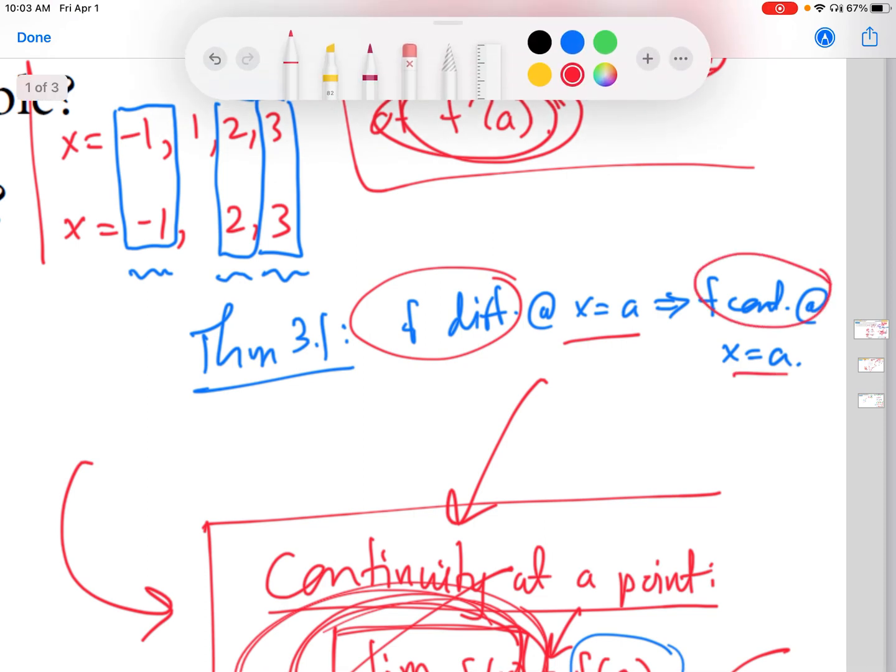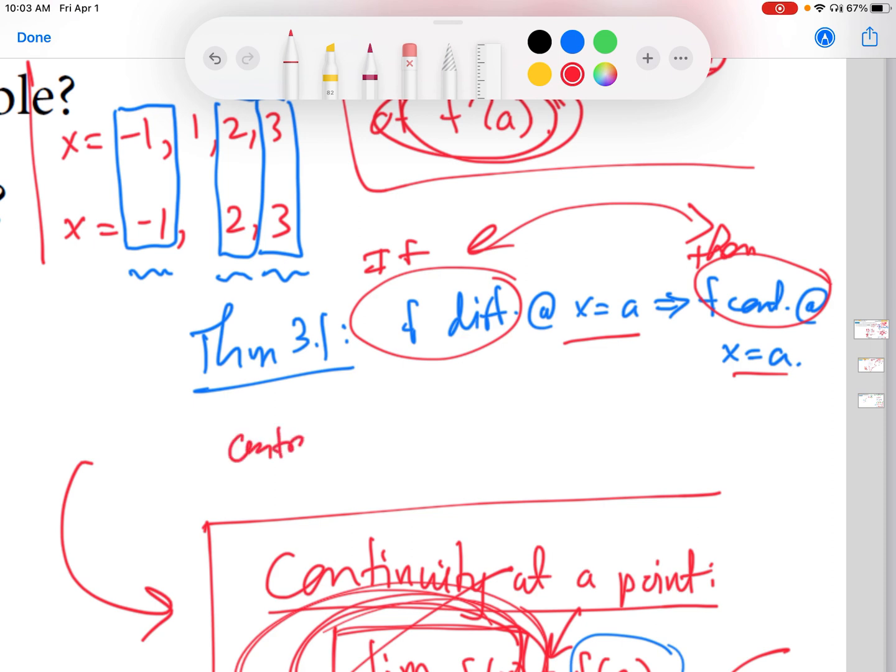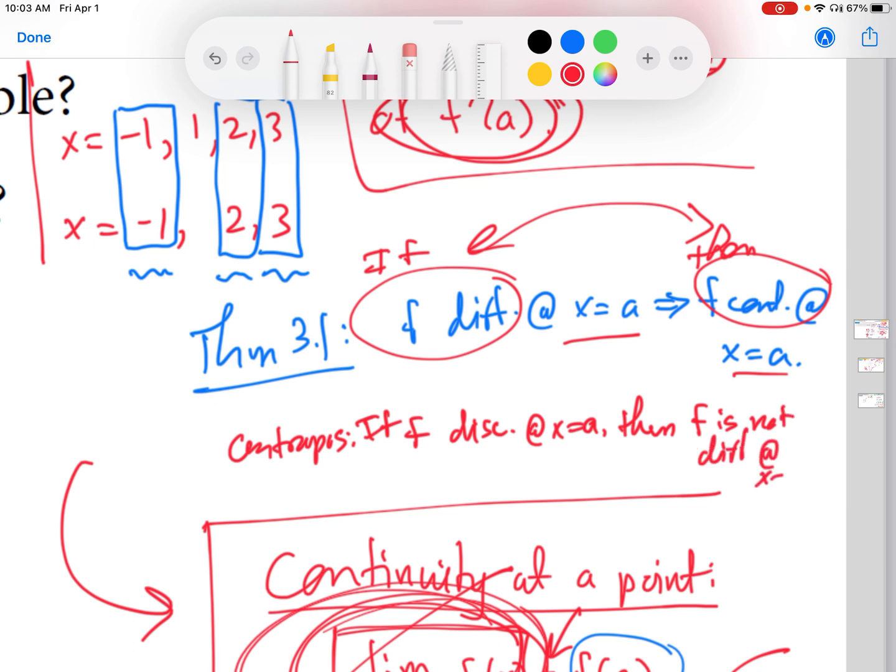There's something called the contrapositive, which is a fancy term for taking this if-then statement and swapping the hypothesis and conclusion and negating them. So here is the contrapositive of this statement: if f is discontinuous at x equals a, then f is not differentiable at x equals a.